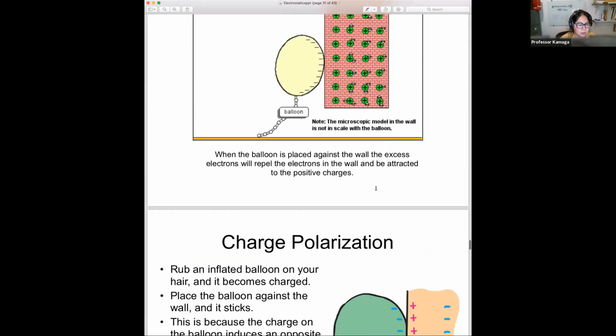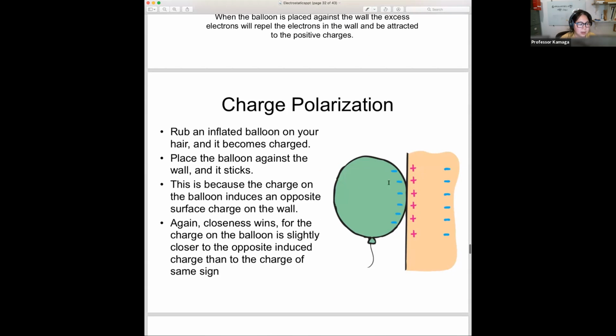And the balloon will stick to the wall. A negatively charged balloon will stick to the wall, even though the wall is an insulator.